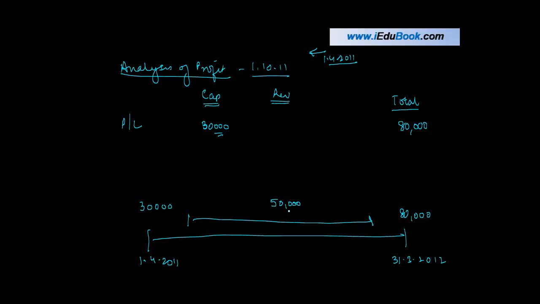50,000, right? Now my acquisition happened on October 1, 2011, which means there is a 6 months period after the date of acquisition and a 6 months period prior to the date of acquisition, right? So this 50,000 represents profit earned during these 12 months, 6 plus 6, out of which 6 months are pre and 6 months are post acquisition.